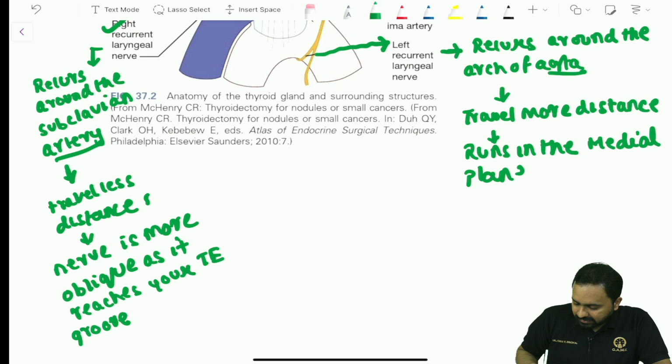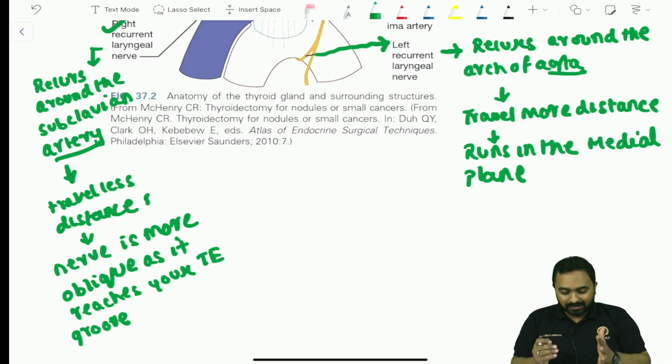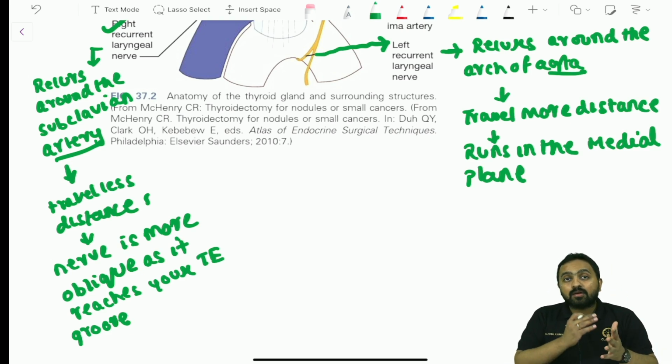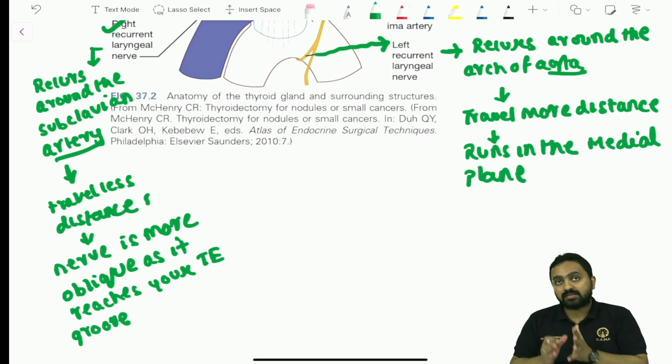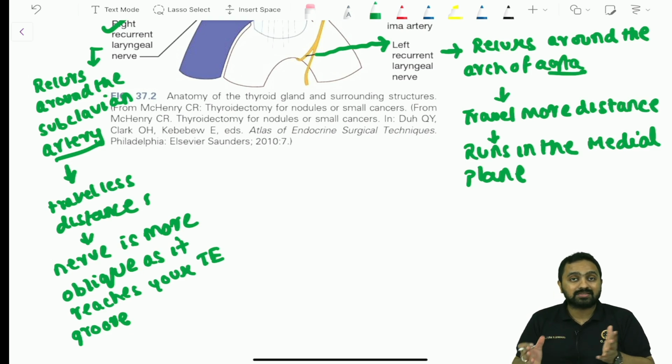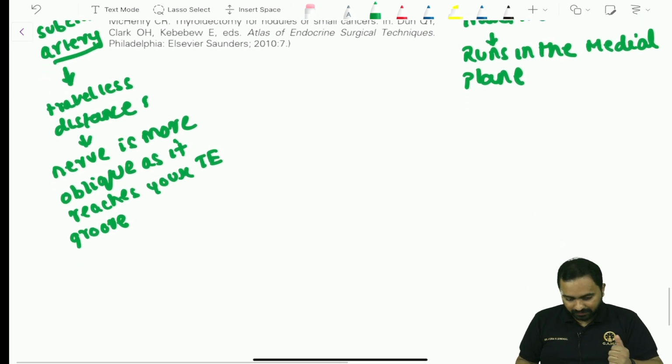So how can this information be put up in the question? They can actually ask you regarding where the right recurrent laryngeal nerve recurs and where the left recurrent laryngeal nerve recurs, and which travels more distance and which travels less distance, as a true or false statement. Right.